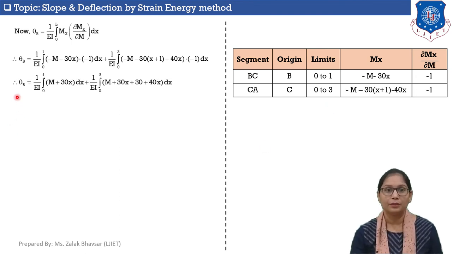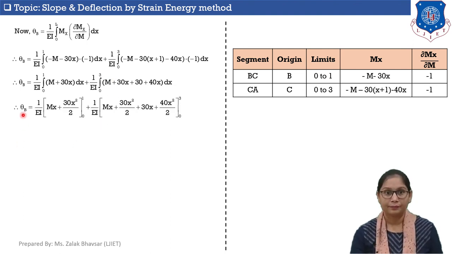Now, therefore, theta B is equal to 1 upon EI integration of (M plus 30x) dx, limit 0 to 1, plus 1 upon EI integration of (M plus 30x plus 30 plus 40x) dx, here limit 0 to 3. Therefore, theta B is equal to 1 upon EI.